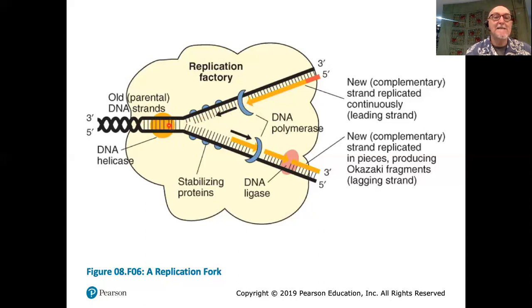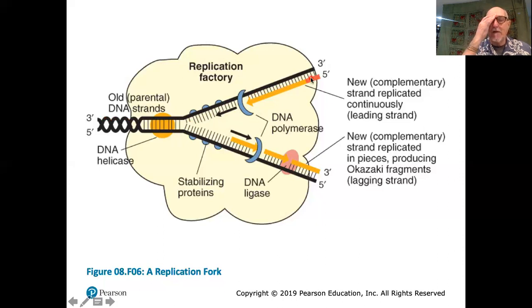Remember that this helicase is busy moving down, continually opening up new bases. And this DNA polymerase runs behind and just adds in the new bases. Once we've added one primer here, it can carry on for thousands upon thousands of bases without adding another primer. It just carries on in the same direction.